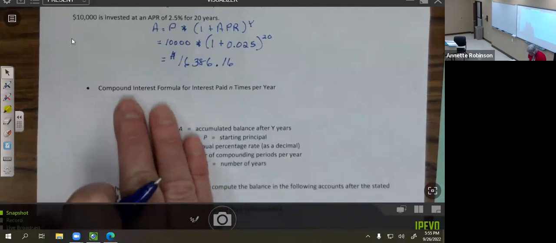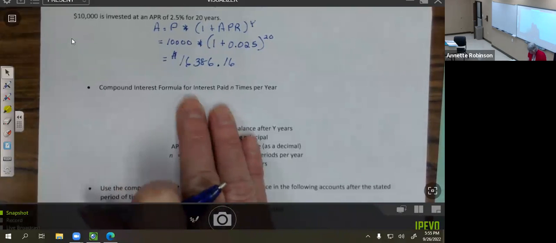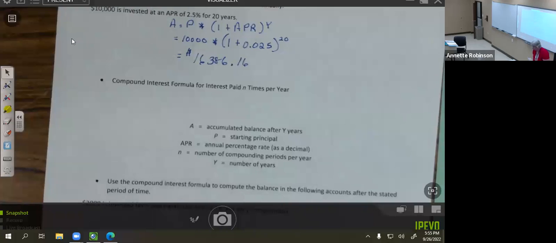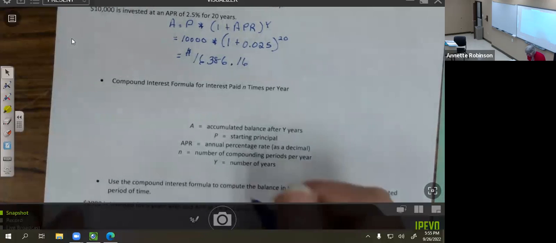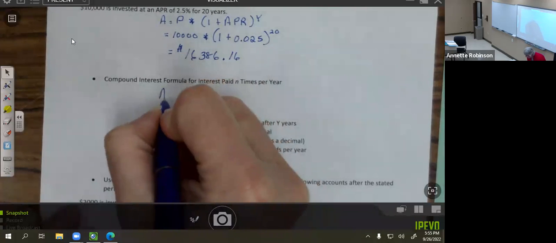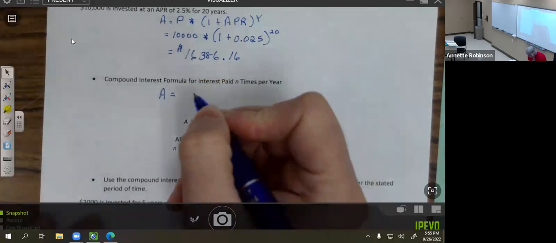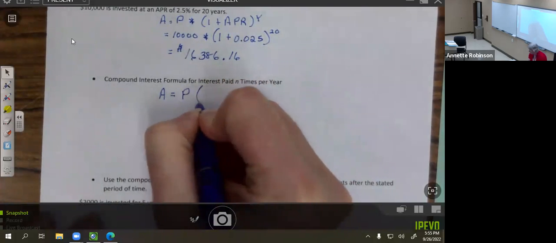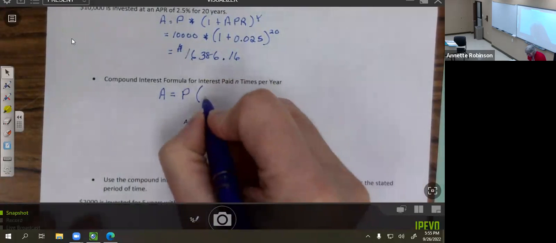This is the compound interest formula for interest paid N times per year. The formula looks like this. A, the accumulated amount, is equal to your principal times, and again, we have parentheses, we still have 1.